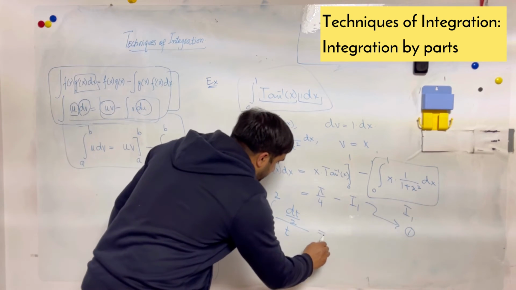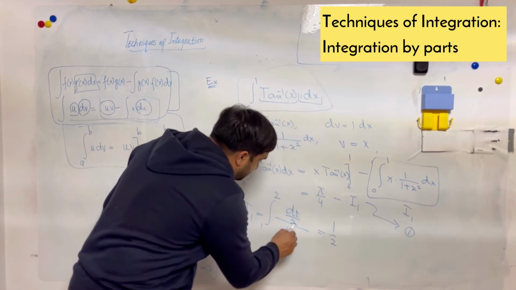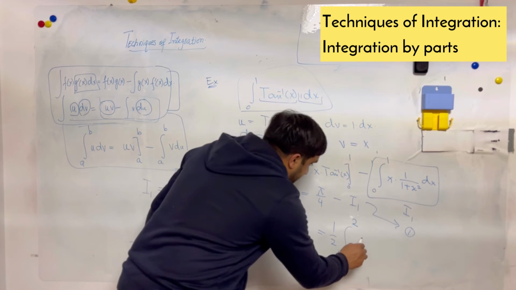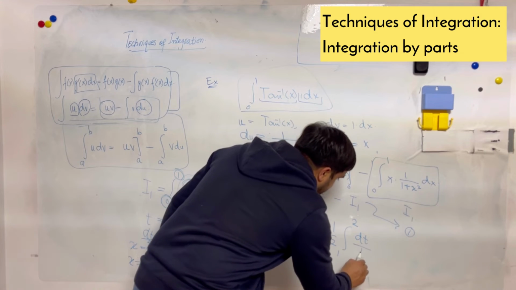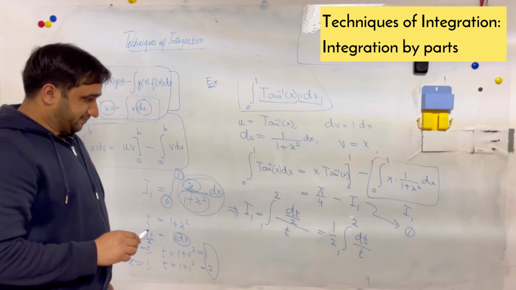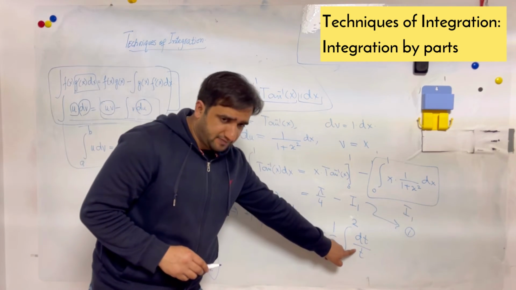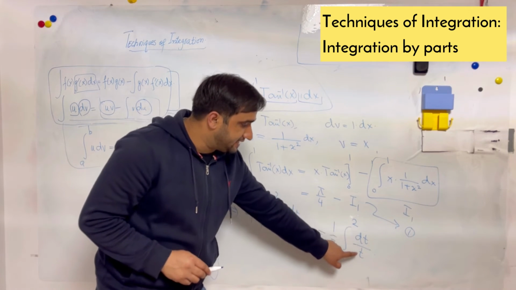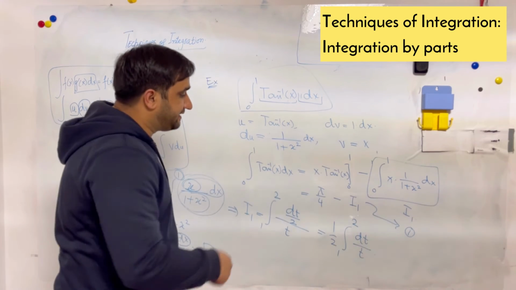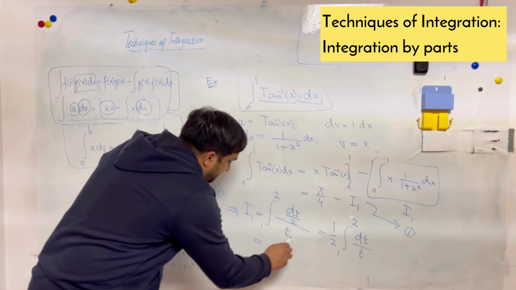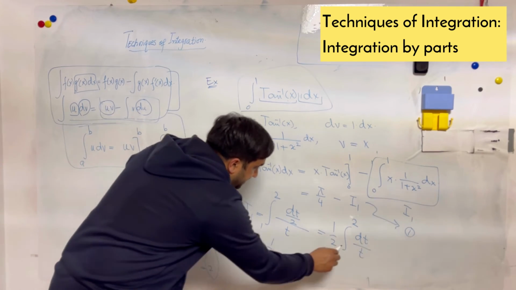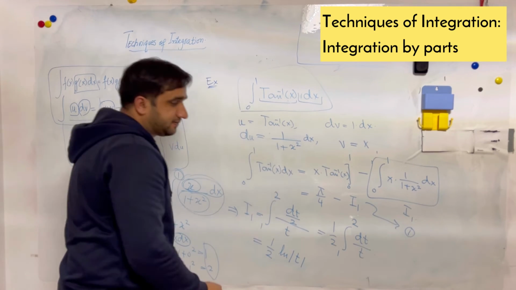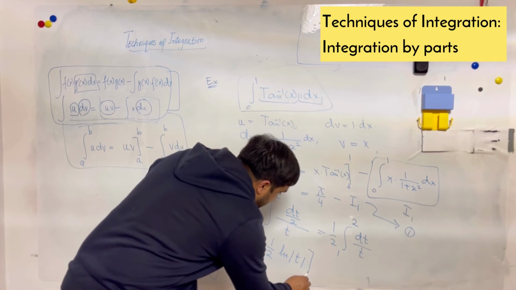So this is equal to 1 by 2, this 2 I am taking outside, integral 1 to 2 dt by t. And you know that if something is written downstairs and the derivative is upstairs, it is a natural log of that thing. So this becomes 1 by 2, the ln of what? Ln of t, under the limits 1 to 2.